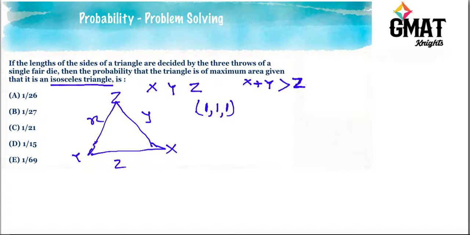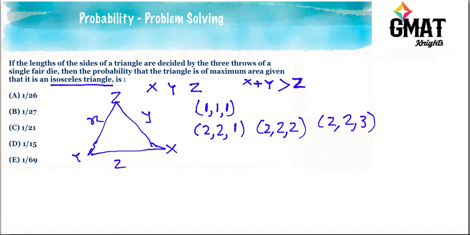Similarly, if you take the case where x and y are 2 and 2 apiece, then what are the possibilities for z? You can have z as 1, or you can have z as 2 as well. You can have z as 3 as well, because 2 plus 2 is greater than 3. And that's it. You cannot have z as 4. What if x and y are 3 each?